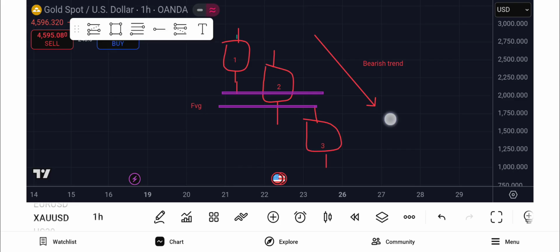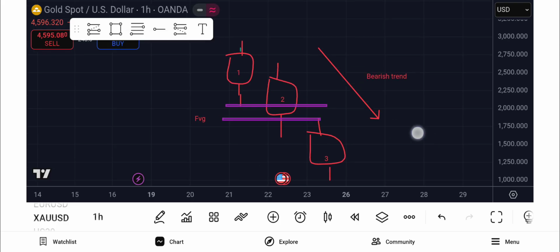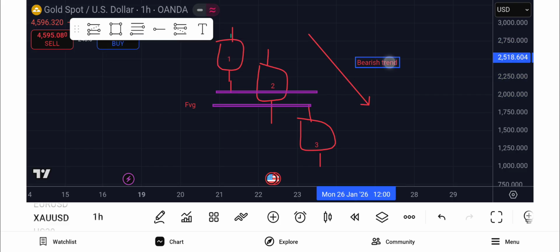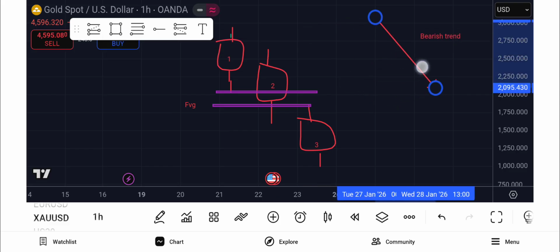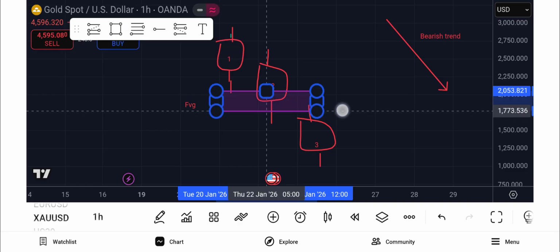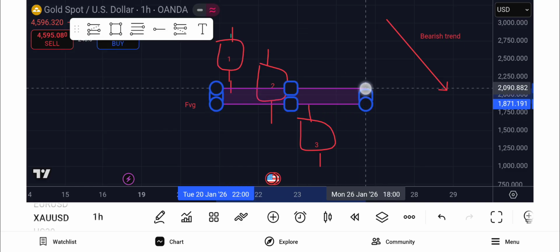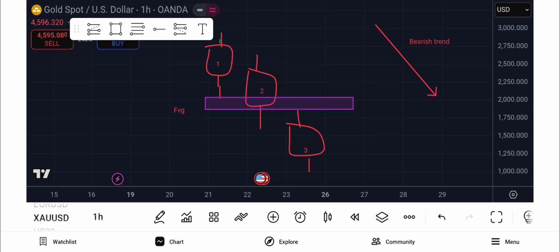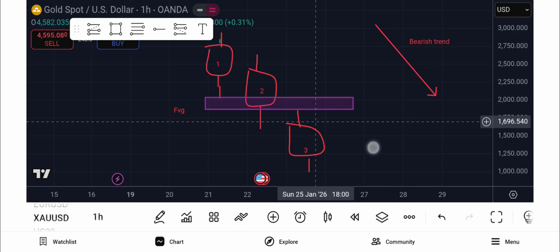Okay. Now, what are we waiting for? So we would wait for price, right? So let me delete this one and draw the box right here. Basically, same situation. This is a fair value gap.